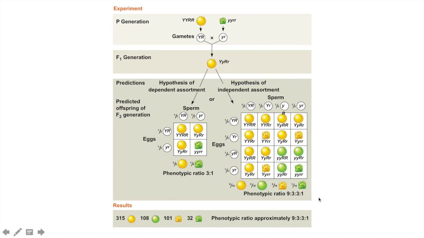Well, I say all different combinations, but he saw this ratio of 9 of the double dominant to 3 of the single dominant to 3 of the other dominant character to 1 of both recessive characteristics, or 9 to 3 to 3 to 1. That's a very famous ratio, and hopefully you understand what it means. What it means is that there is independent assortment. You can separate the yellowness from the wrinkledness and the greenness from the roundness.